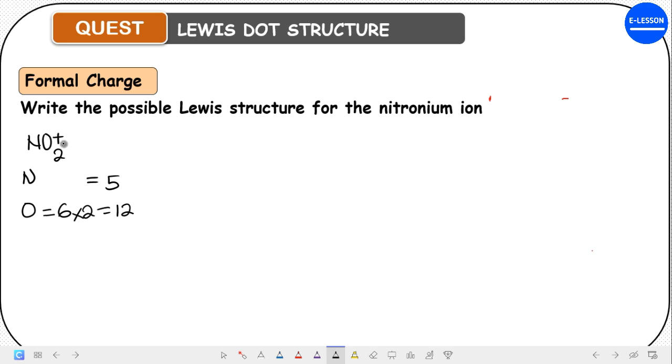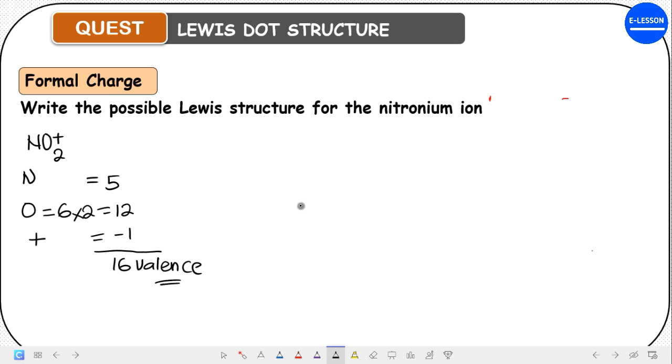The plus means that you have to subtract 1 electron. Plus means it has given out 1 electron. Whenever an atom gives out electrons, you introduce a positive charge there. So the total number of electrons here is 5 plus 12, which is 17. 17 minus 1 is 16. So in this structure, we have 16 valence electrons.